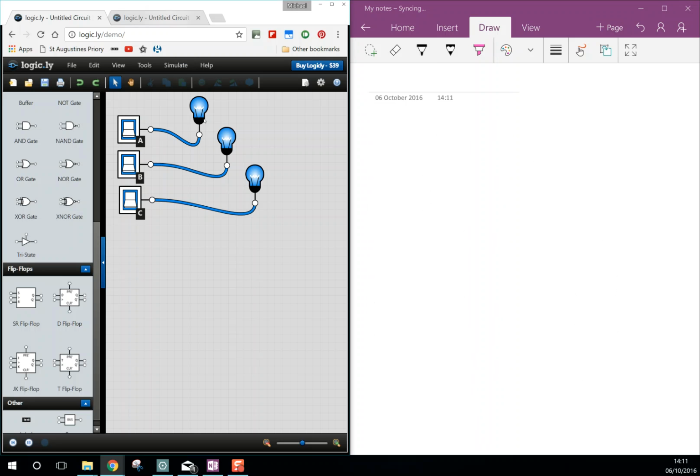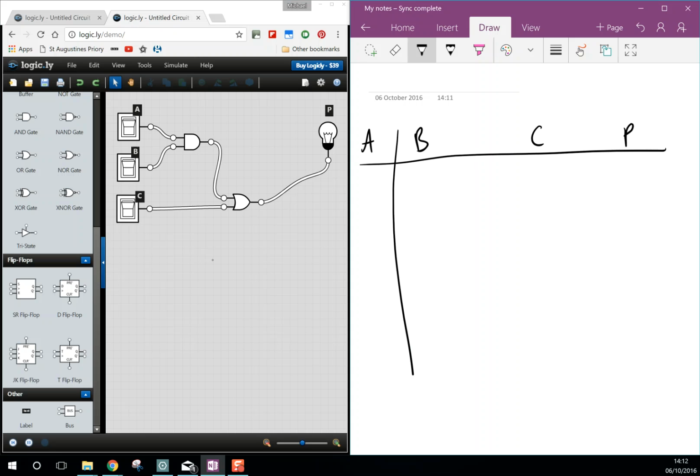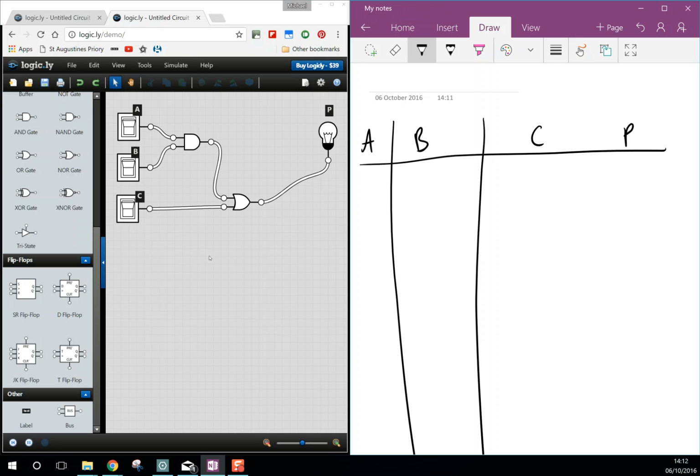Okay, so let's take a look at this combinational circuit. We have inputs A, B, and C, and over here we have P. Now in order to quickly set up this truth table, I'm going to follow that pattern. So 1, 2, 3, 4, 1, 2, 3, 4.